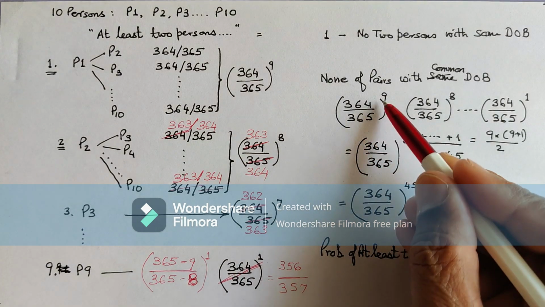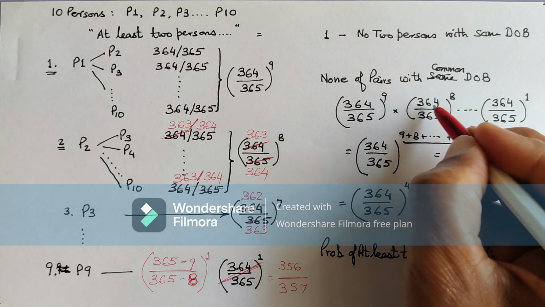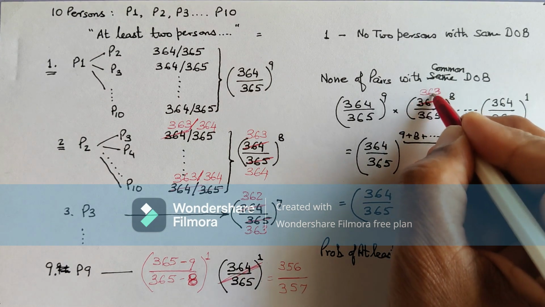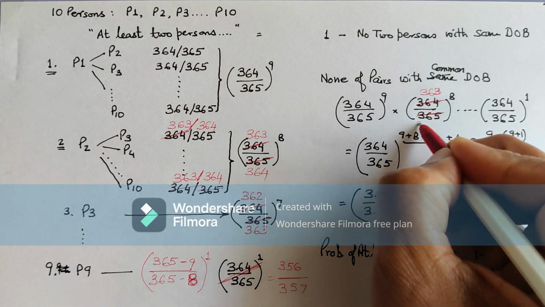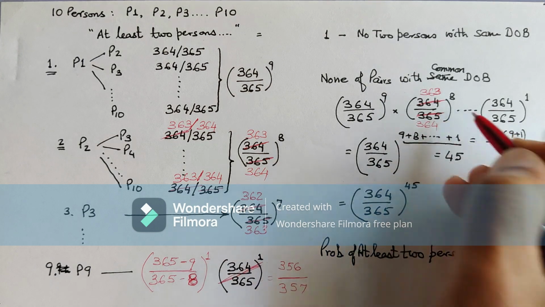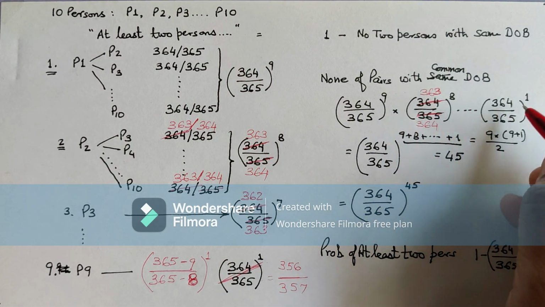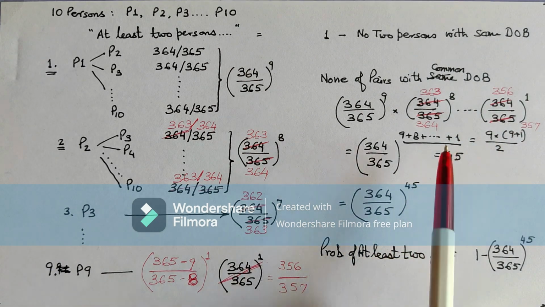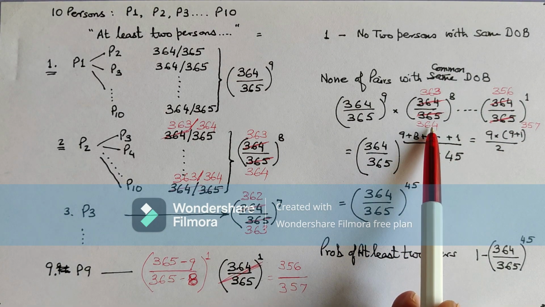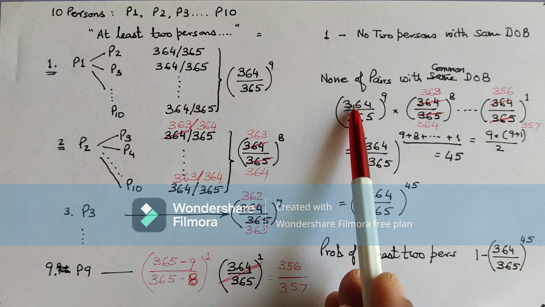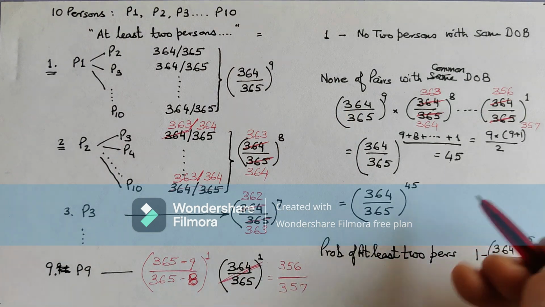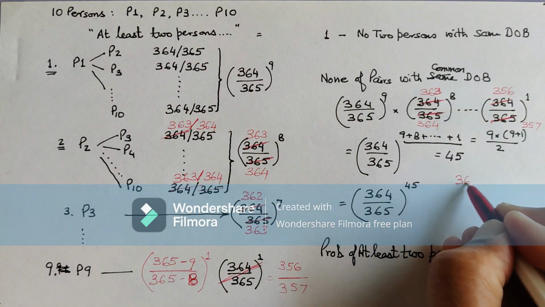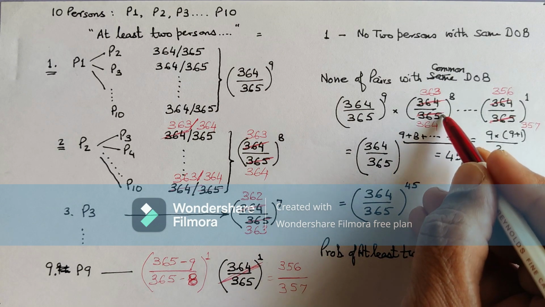364 by 365 to the power 9 is alright. Here it is 363 by 364 to the power 8, and it goes on. Now this is 364 to the power 8, and this is 364 to the power 9. So I am left with only 364, and this part gets cancelled.